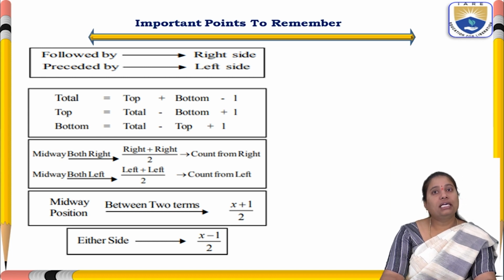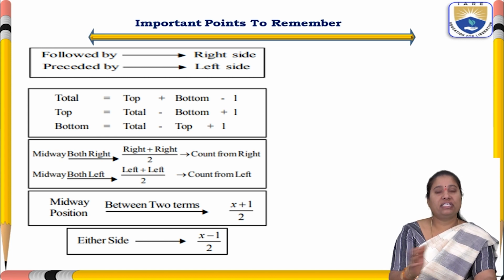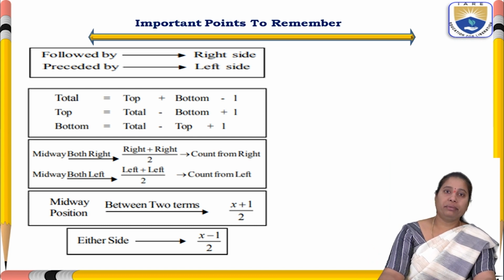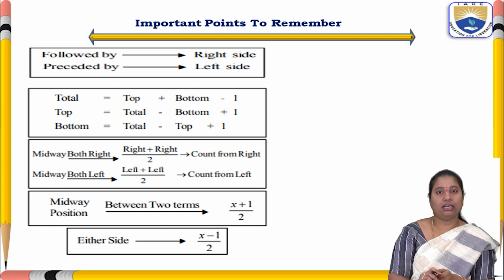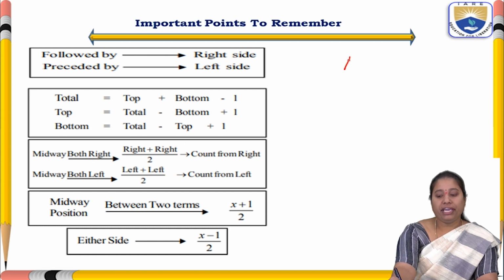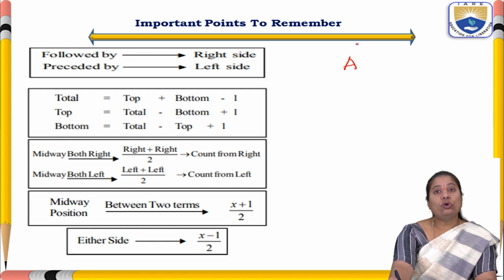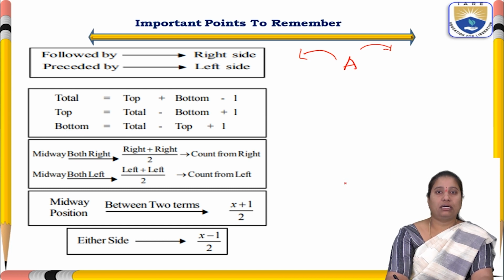And followed by means the right side persons will come, whereas preceded by means left side people will come. Let us say if person A is there, followed by people means the right side people will come, and preceded by means the left side people will come.